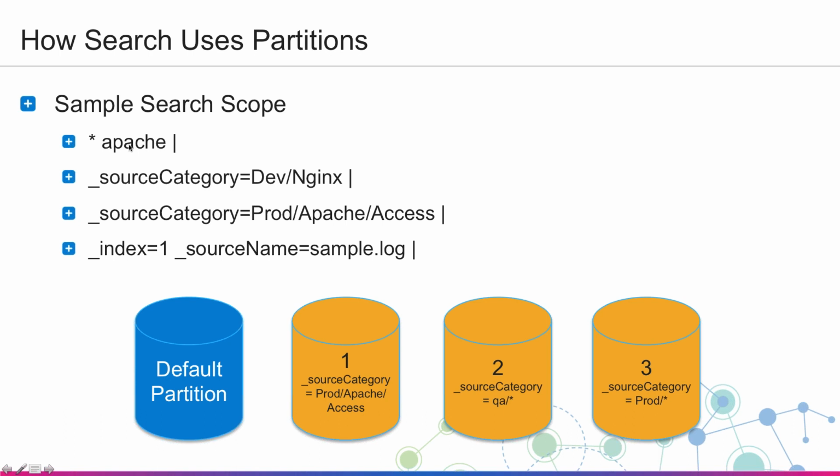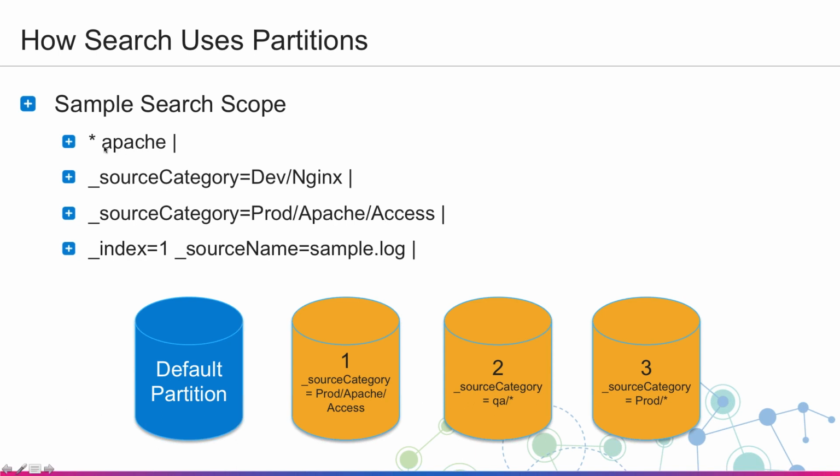Take a look at the sample searches I've noted, and try to think about what you think will happen when you run these searches. I'll give you a couple of seconds to digest all of this information.